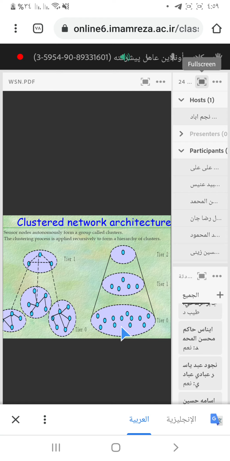All nodes in tier 0 are grouped in one cluster, and after that some other nodes are grouped in tier 1, and after that one node in tier 2. It can be two different clustering techniques which can be used in WSN.